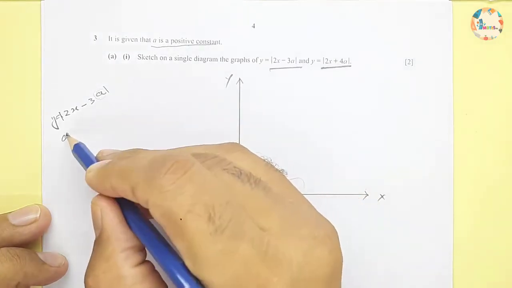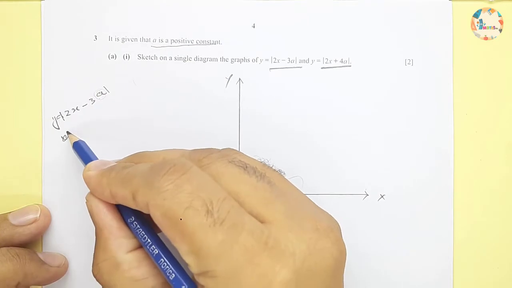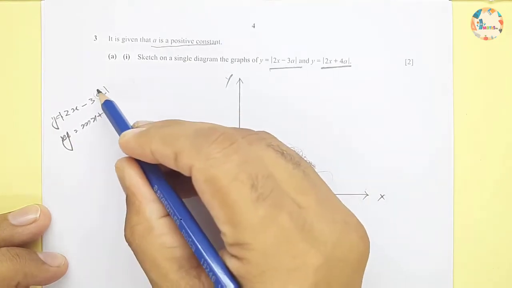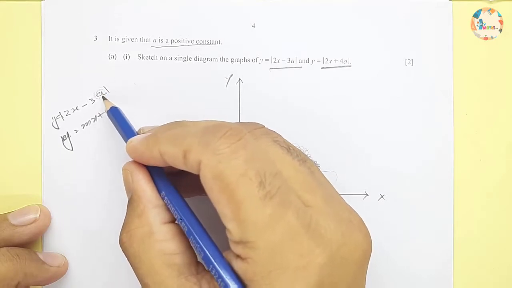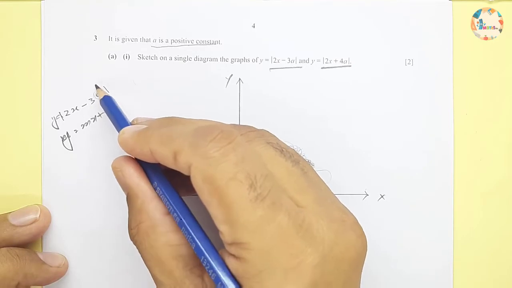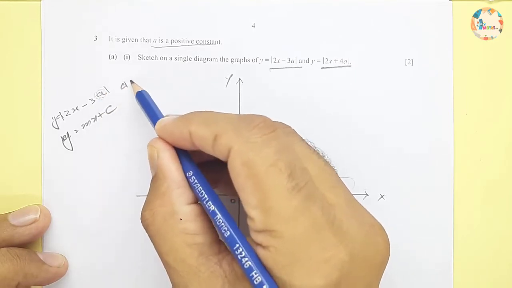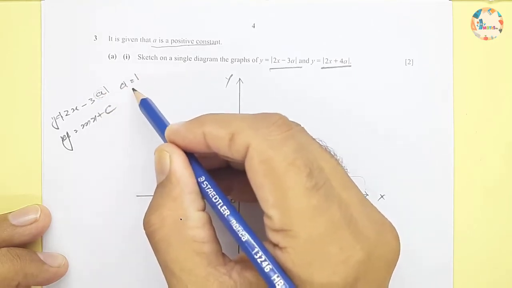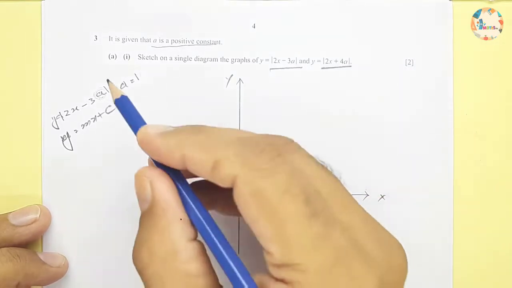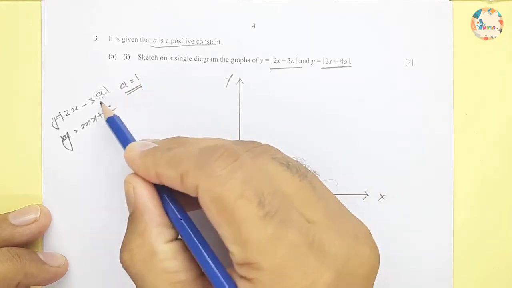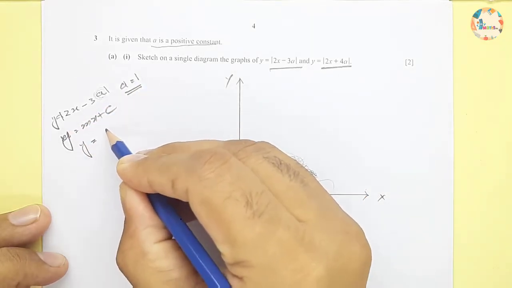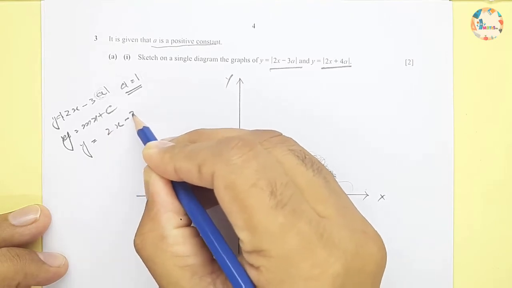This is like the y equals mx plus c form, right? So we can take a equal to 1, or even 2, but the y-intercept value will change. If a is equal to 1, this equation becomes y equals 2x minus 3.